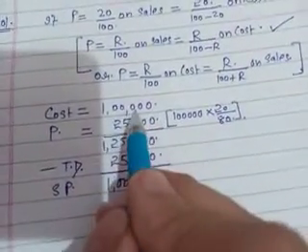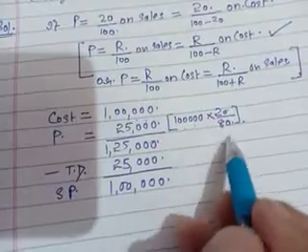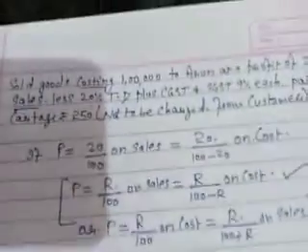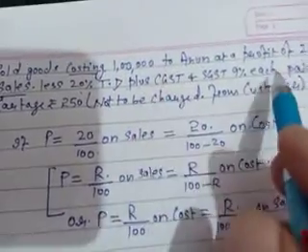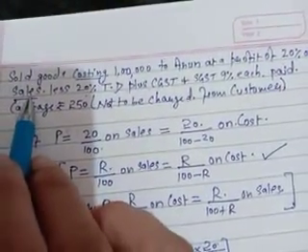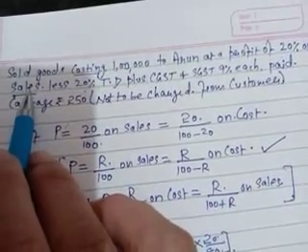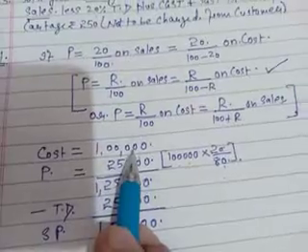Let's once again see this. Cost is 1 lakh. Why haven't we calculated 100 over 20 over 100? The thing is, we are given the cost in the question, but the profit of 20% is given on sales. So we have to resort to profit percentage on the cost. So cost is 1 lakh.